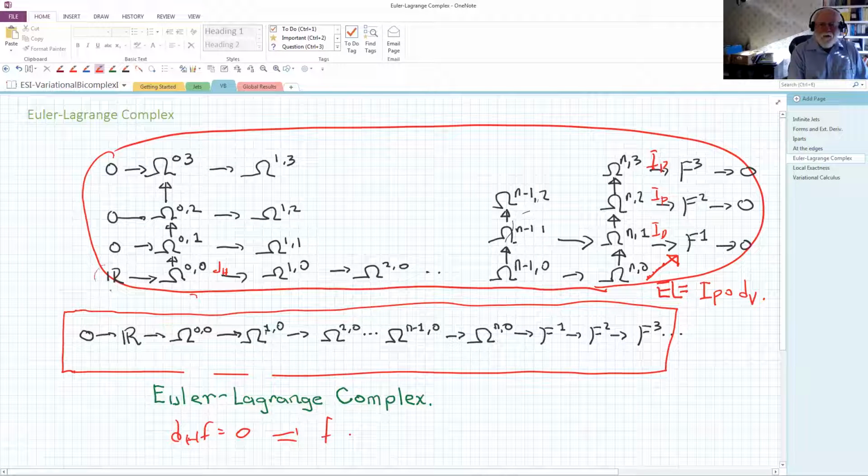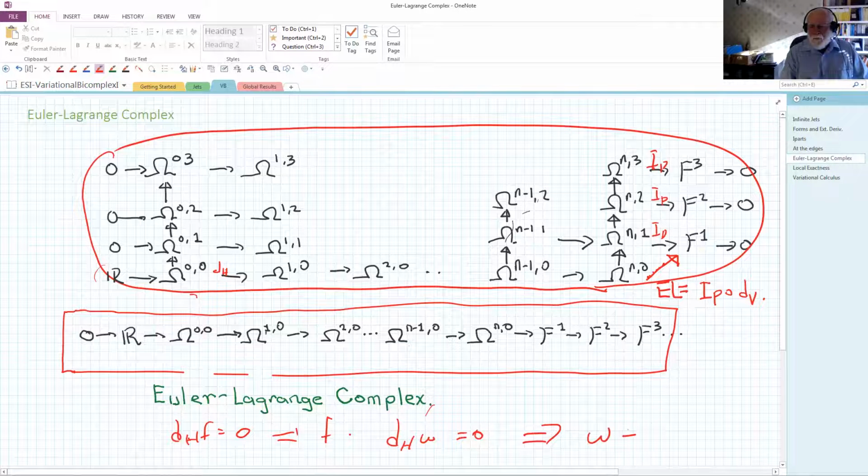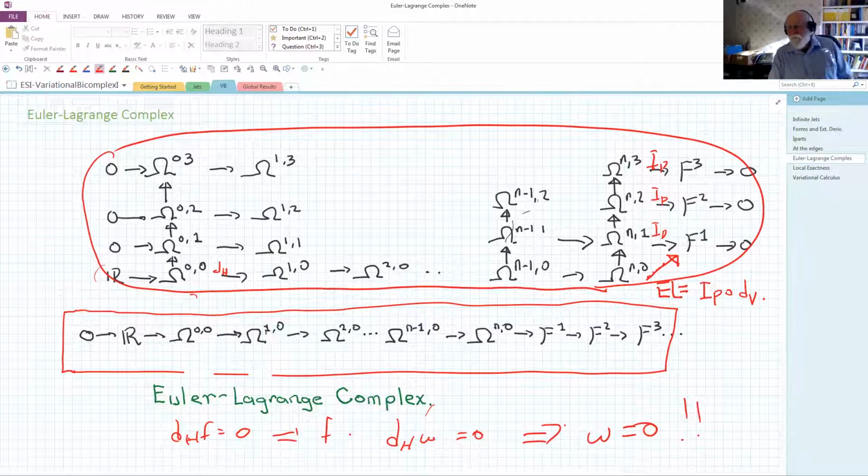So that's adding in this piece right here. And most importantly, if I have a contact form here and dH of that contact form is 0, then that form must be 0. So this really will drive a lot of the things that are going to happen.